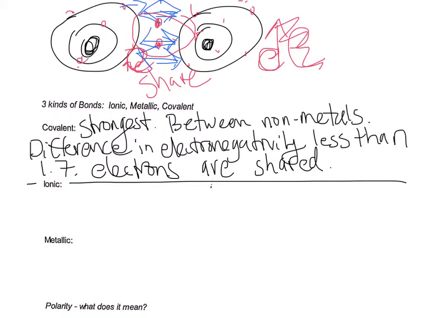Ionic is sort of the opposite. Ionic bonds are usually between a nonmetal and a metal.